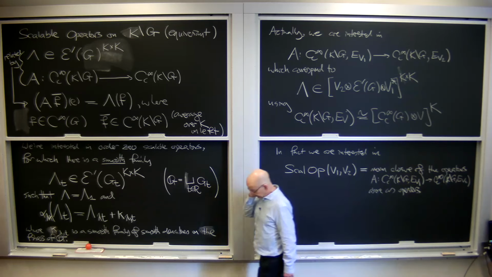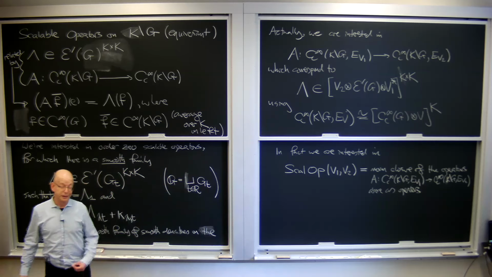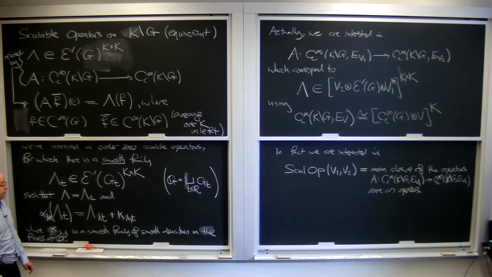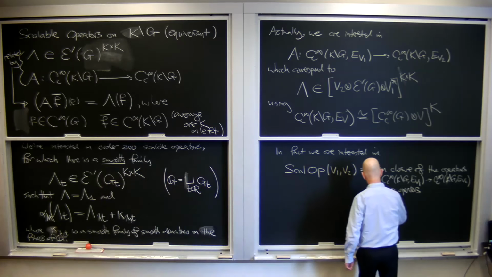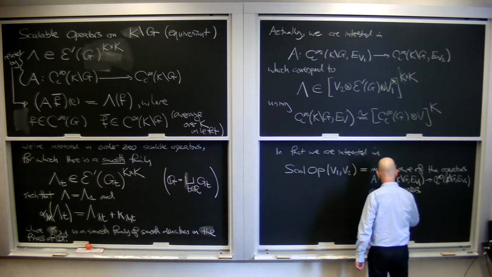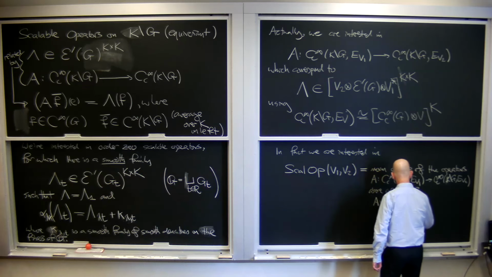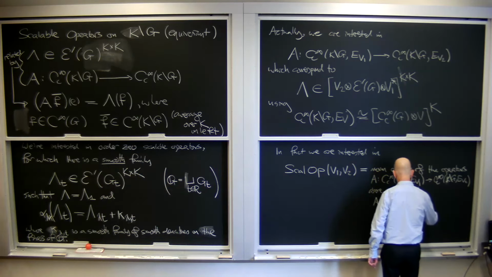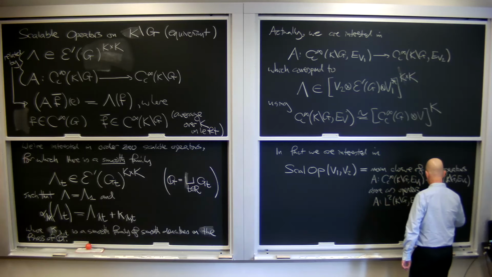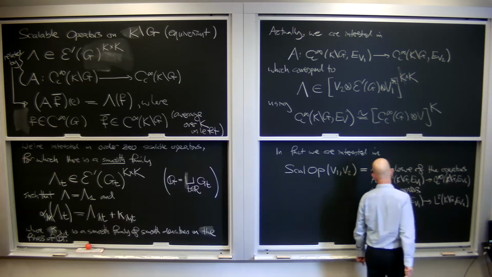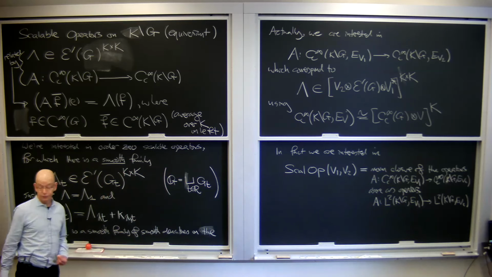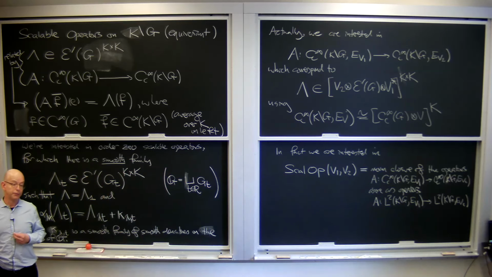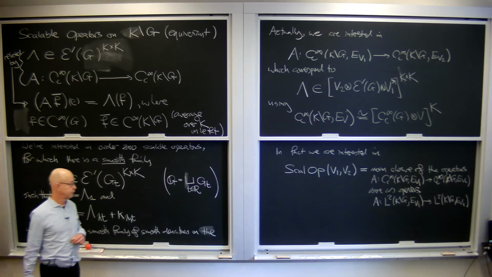So it's a fact. We more or less proved this. We didn't quite prove this equivariant non-compact version, but all such operators extend to bounded Hilbert space operators. And so the collection of all scalable operators between sections of V1 and sections of V2 has a norm, the operator norm, and we take the norm closure.